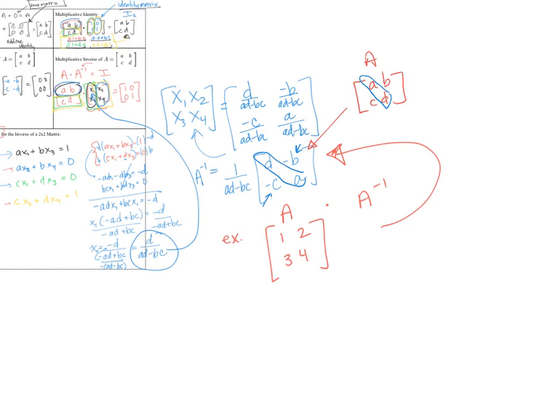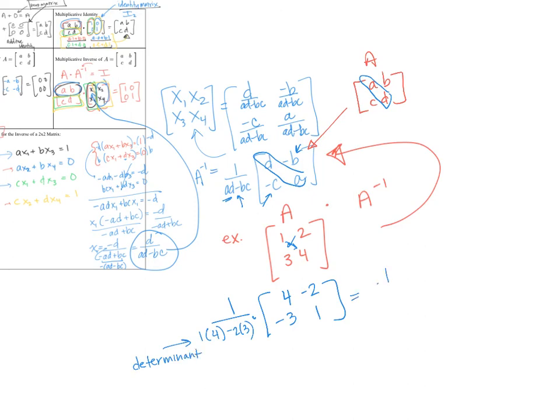I'm going to flip-flop A and D, so that's 4 and 1. And then the 2 and the 3 become negative. And I need this times 1 over AD minus BC. AD is just that first diagonal, 1 times 4, minus BC, the other diagonal. We're going to see a name for this next time: this bottom part is called the determinant of a matrix.